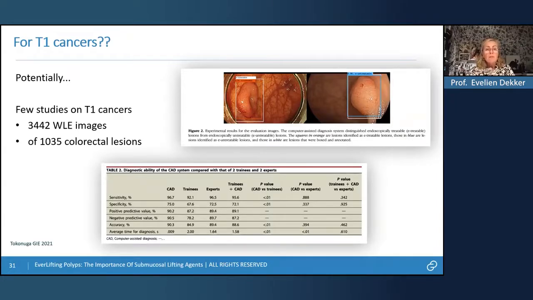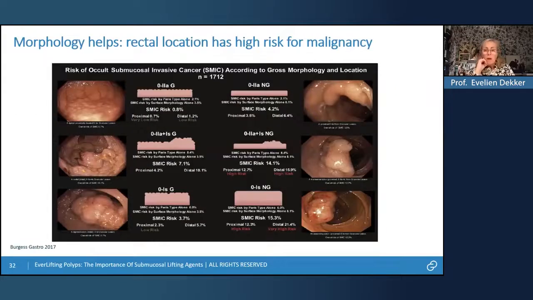This was an early study. Few studies have been performed so far, but in these cases, actually, the system was as good as experts and better than trainees. So I definitely think there is a way forward there as well.